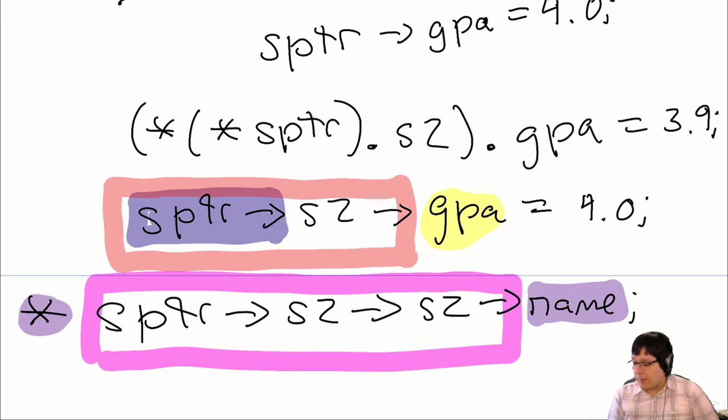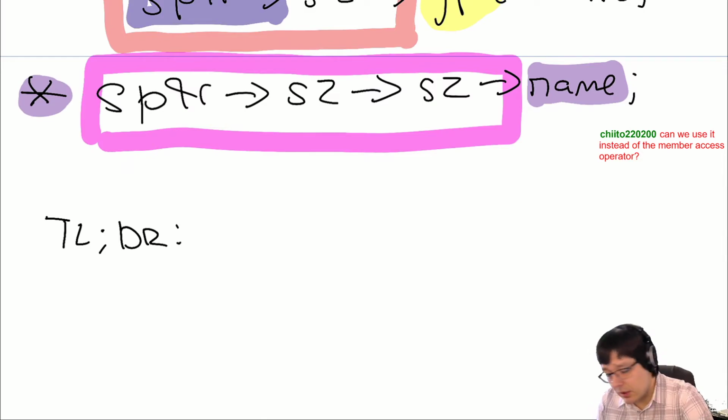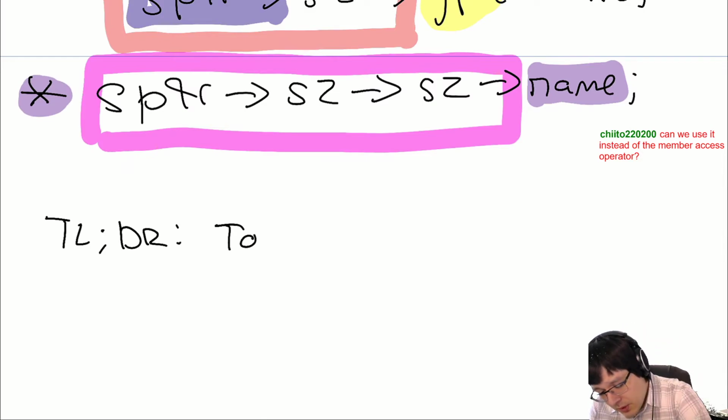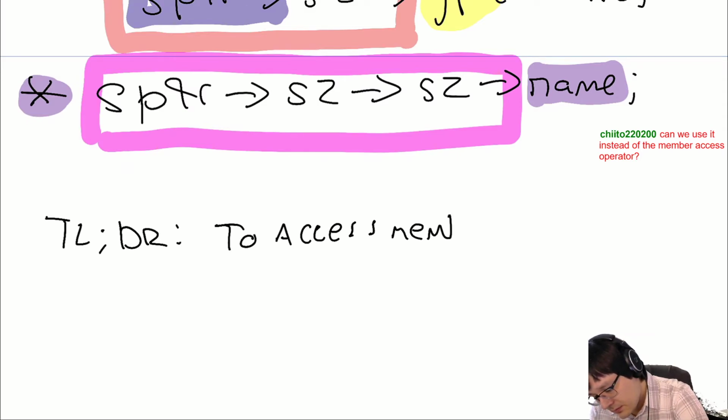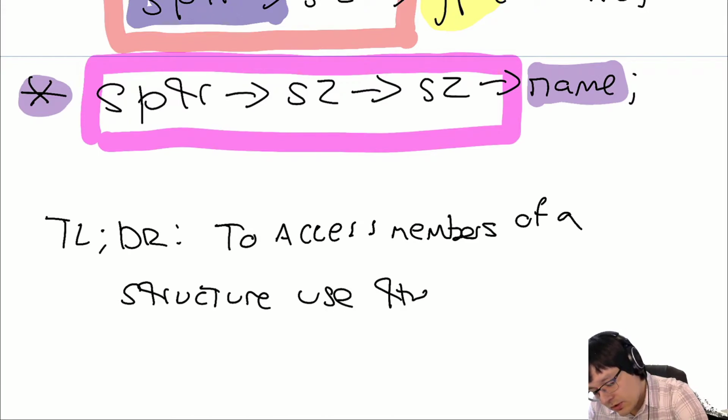So I have it here as the TLDR version of this, so I will write the TLDR version of all this, which I hope you guys know what that means. Too long, didn't read. When you want to access members of a structure, use the dot operator.